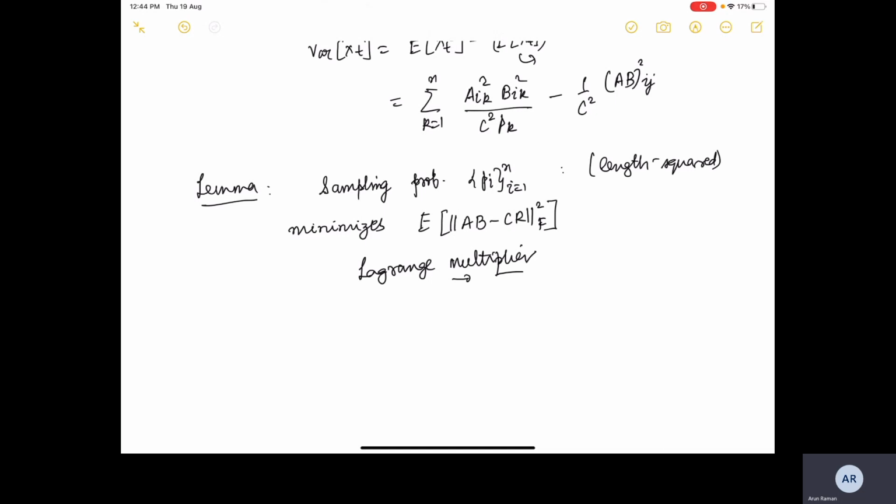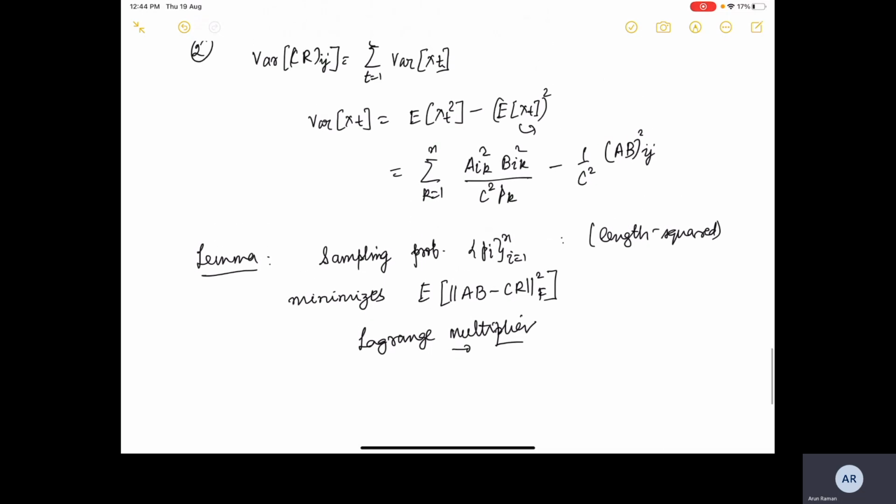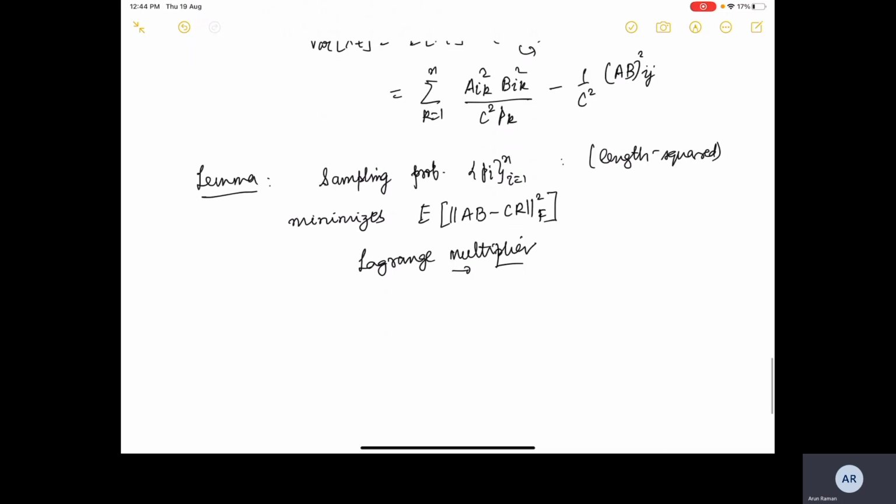Earlier we saw that we have to pick some sampling probability, but the motivation was to reduce the variance. The performance guarantee we are giving is that if we pick the samples using length squared sampling, then the Frobenius norm of the difference between the result of multiplying using CR and the result of multiplying using AB is the smallest. It is minimized.